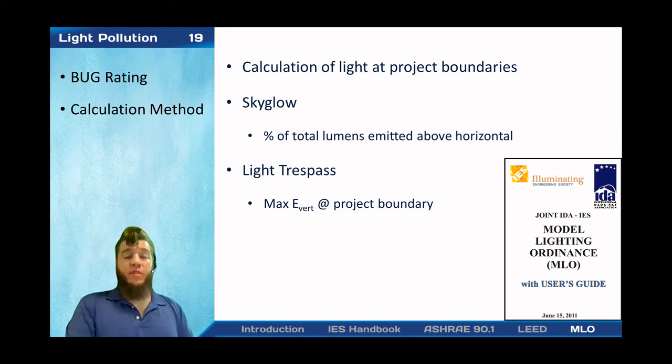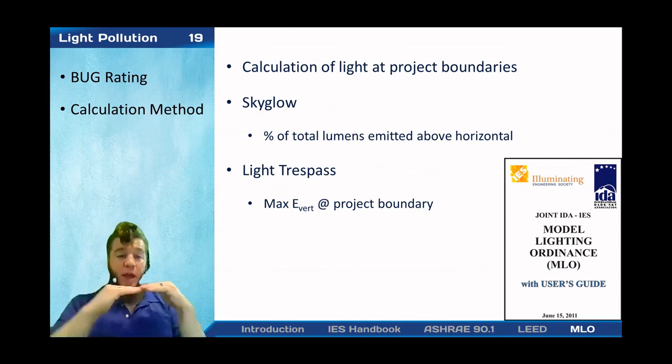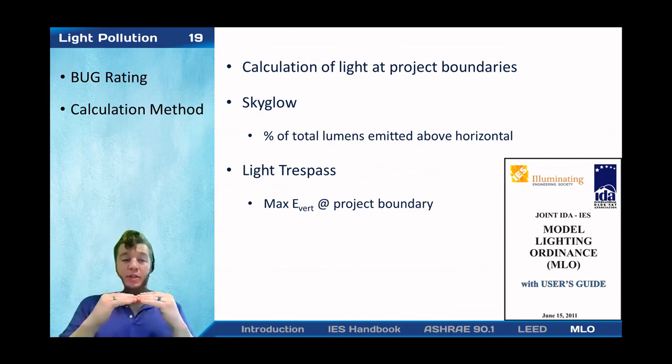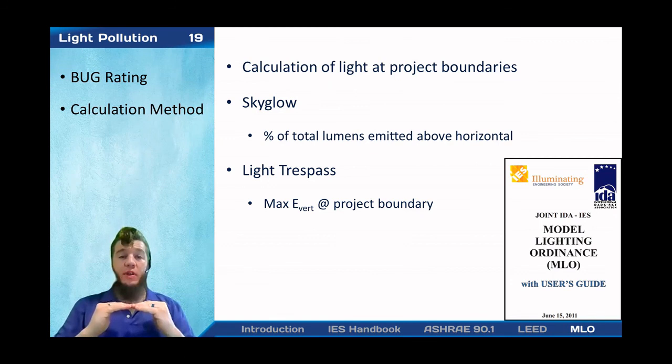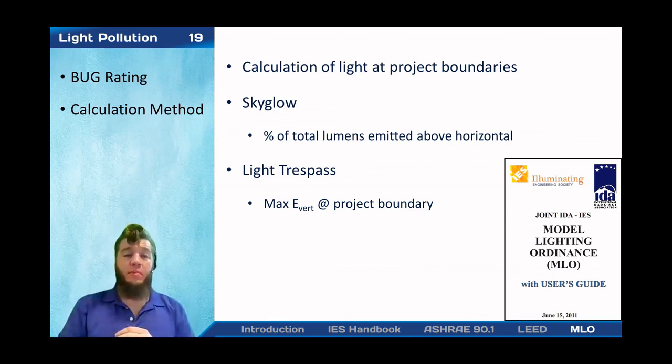The first aspect is the conventional sky glow. You'll place a boundary at the top of your project, and then calculate the total amount of lumens going directly up, as a percentage of the total lumens emitted by all of your luminaires. That gives you the metric required for compliance with the sky glow component.